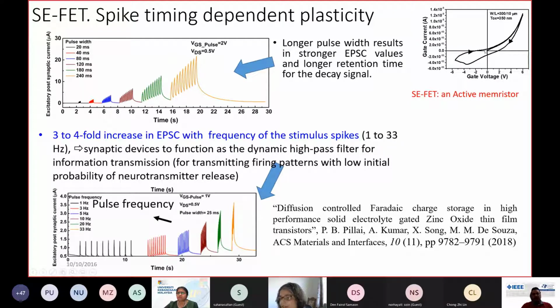So this is very similar to some things which are happening in the brain. And more than that, our device is an active memristor because it's got a redox mechanism that happens inside the gate, which means that it has the potential to actually be used even as a neuron, not just as a conductance, as a synapse.